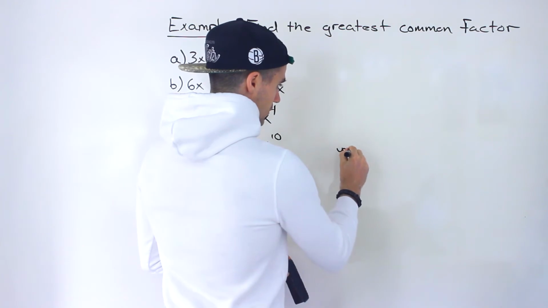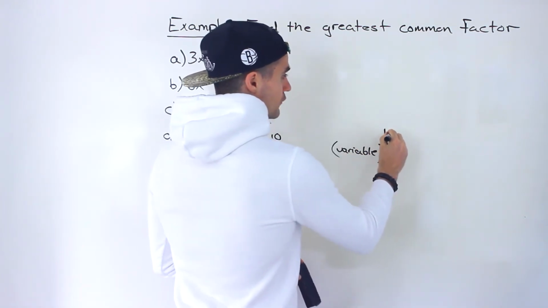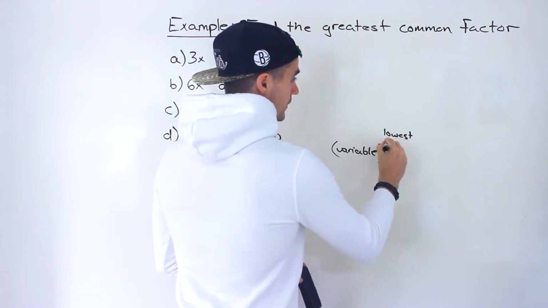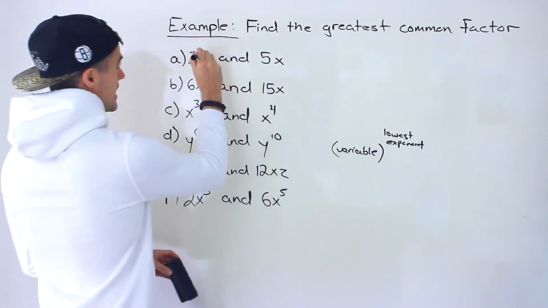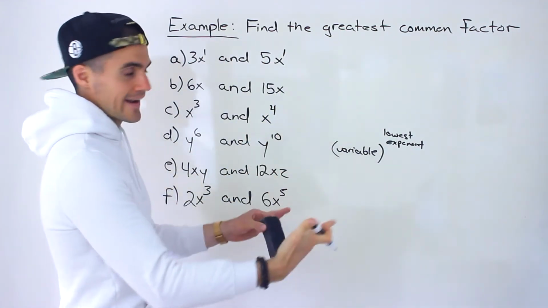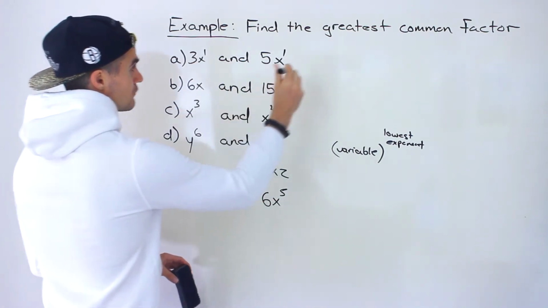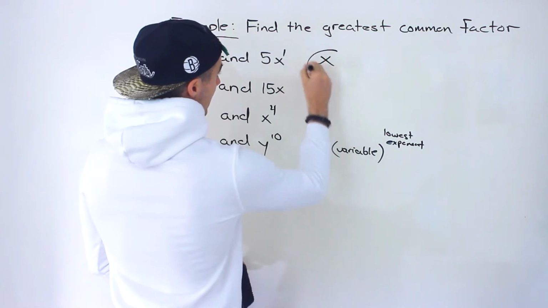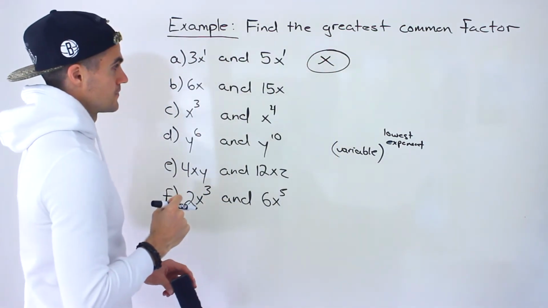I'll just put variable here as the base to the power of the lowest exponent. In this case, both of these have an exponent of 1, so it would just be x to the power of 1. And then there's no factor between 3 and 5, so the greatest common factor between these two is just x.